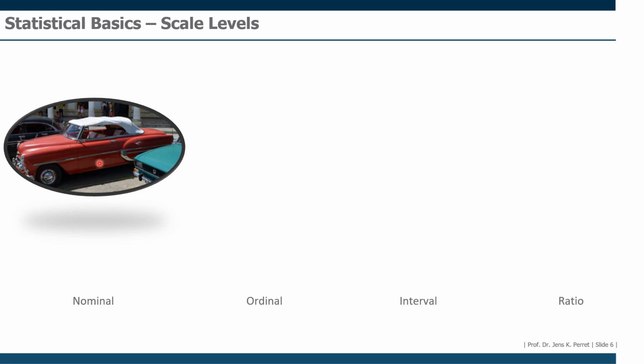And whenever I have something like this where I can count, but I cannot impose some kind of order, then I have nominal data. Same would go, for example, for job titles, for gender, something like this. So that's nominal data. That's the most restrictive type of statistical data.